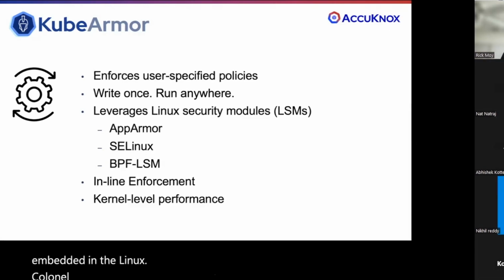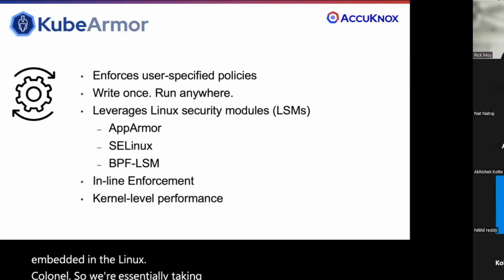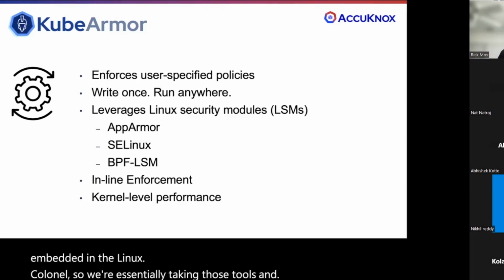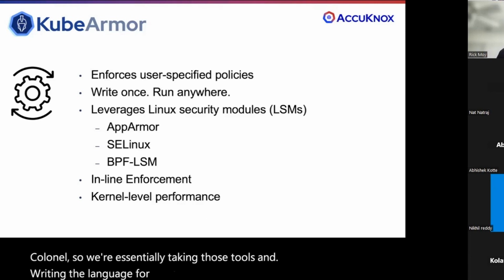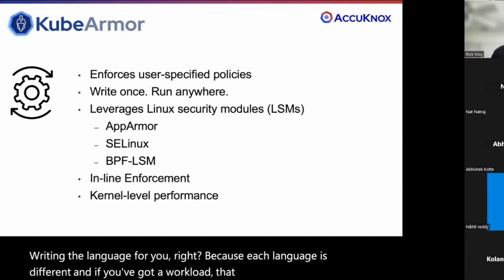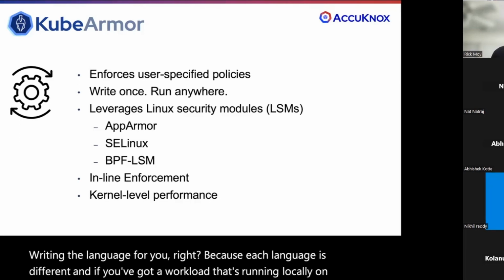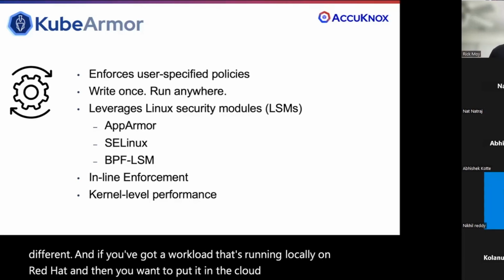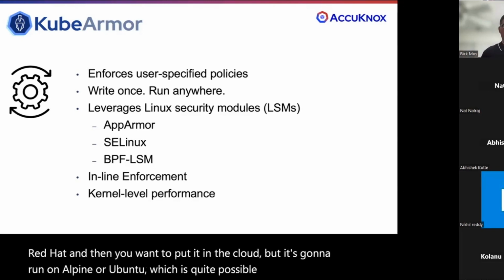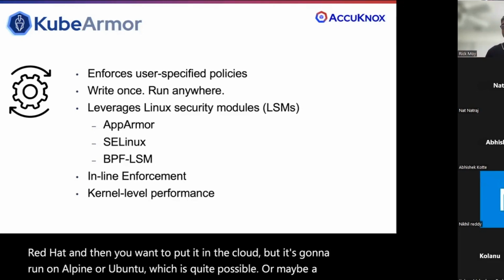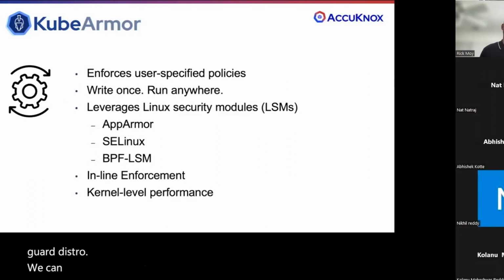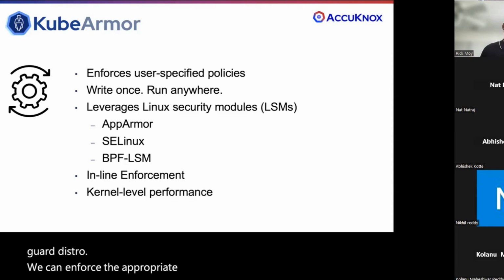So we're essentially taking those tools and writing the language for you, right? Because each language is different, and if you've got a workload running locally on Red Hat, and then you want to put it in the cloud, but it's going to run on Alpine or Ubuntu, which is quite possible, or maybe a ChainGuard distro, we can enforce the appropriate LSM code without you having to know it.